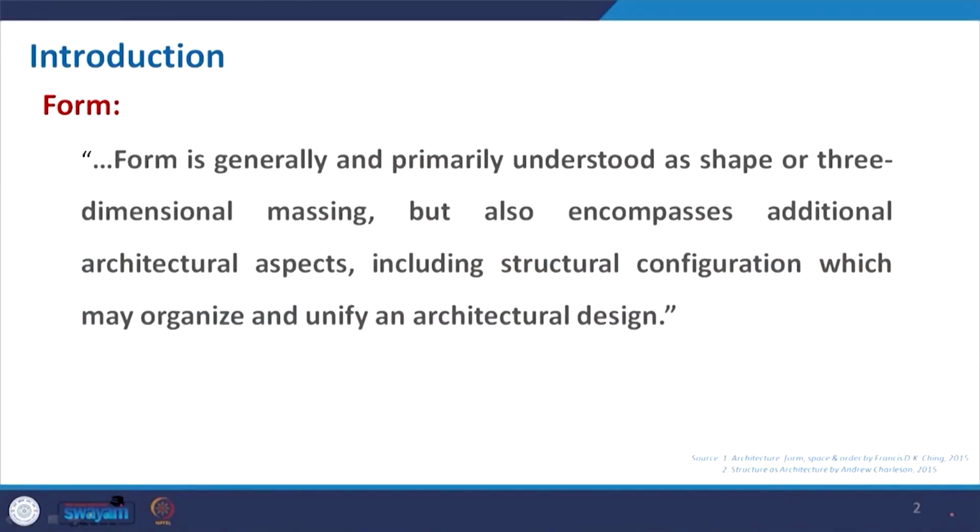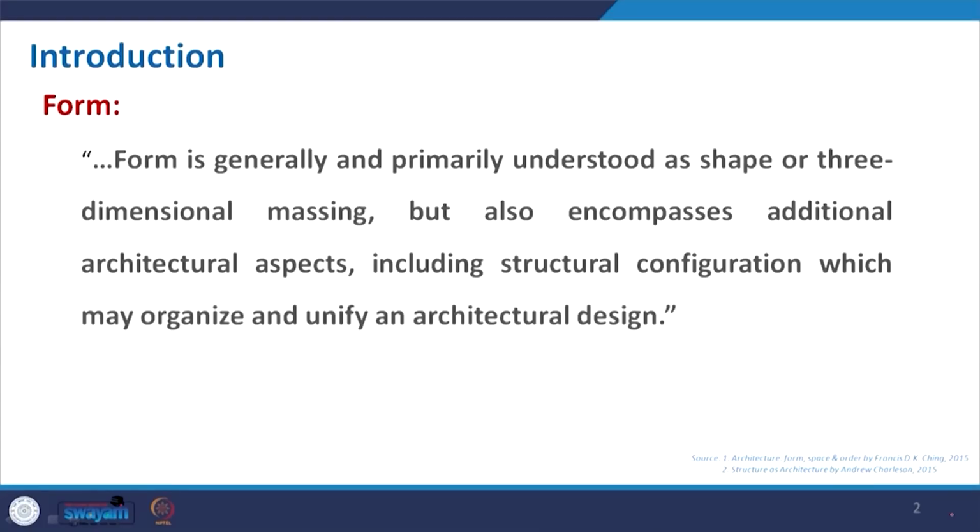And this is obvious after the initial few lectures. Now we all agree that in order to give the form of architecture, structure is indispensable, meaning it is very much needed. Without structural stability, structural support, we cannot create the form the way we want, which may organize and unify architectural design.